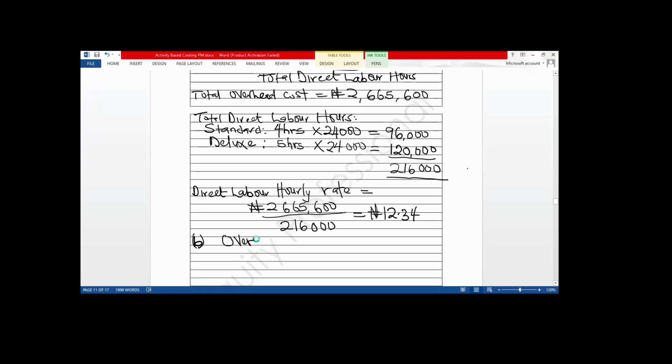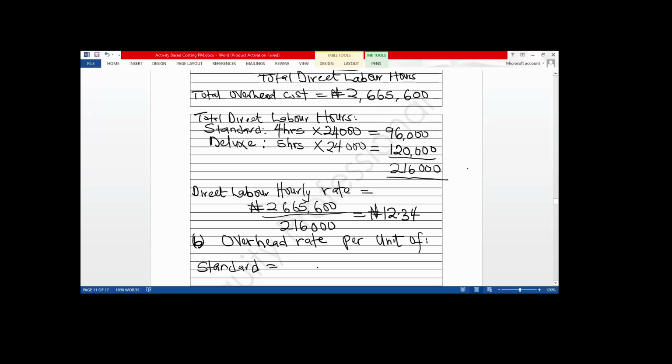Overhead rates per unit of standard. This is equal to, the hourly rate is 12 naira 34 kobo per direct labor hour.